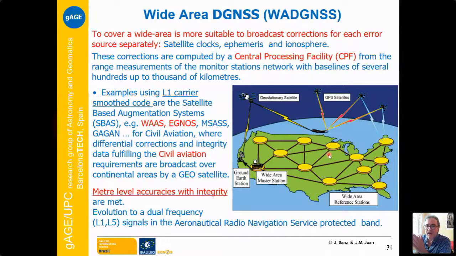For wide area, we have the satellite-based augmentation systems: in the USA, WAAS, the Wide Area Augmentation System; in Europe, EGNOS; and there are other augmentation systems for other regions. The idea of a satellite-based augmentation system is to cover a wide area, like the USA or Europe. We have a network of reference stations with baselines that can be hundreds of kilometers, even 1,000 kilometers.